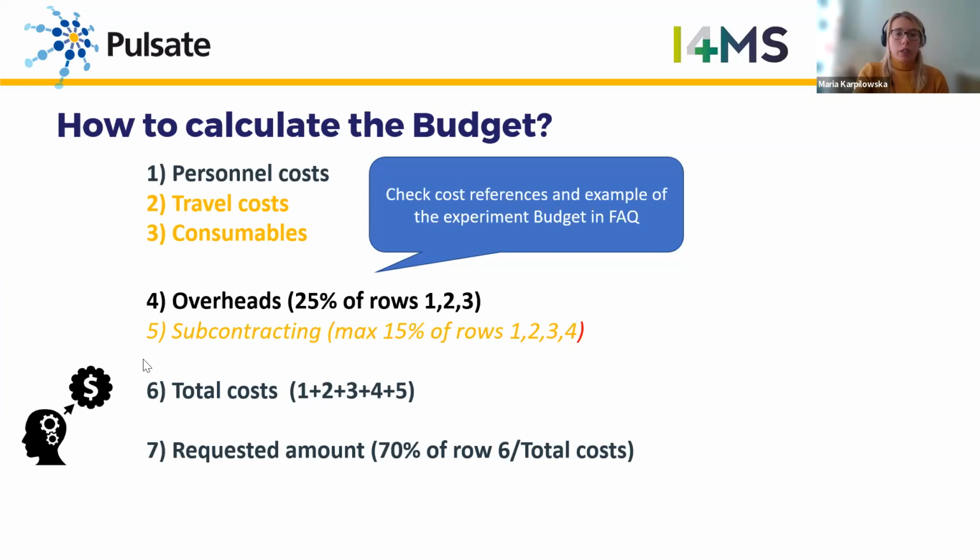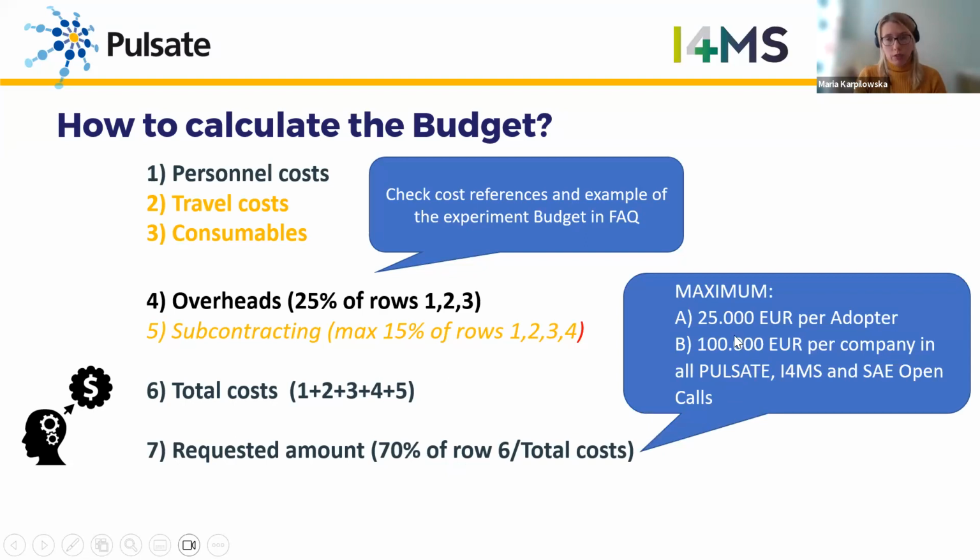Then you calculate the total costs for all these 5 cost categories, and a very important thing, the amount you request, the maximum amount you can request is 70% of the total costs.